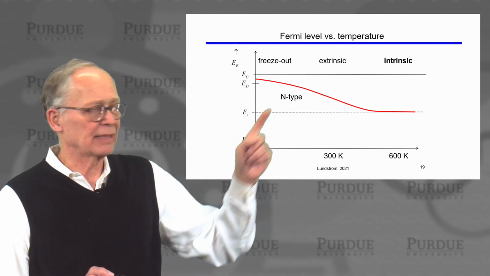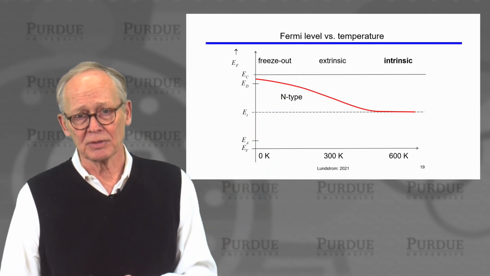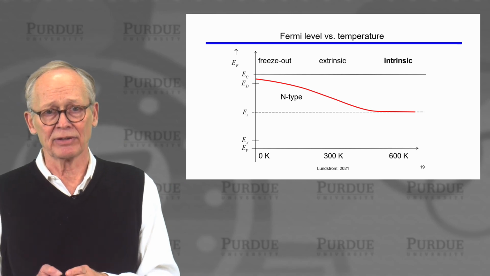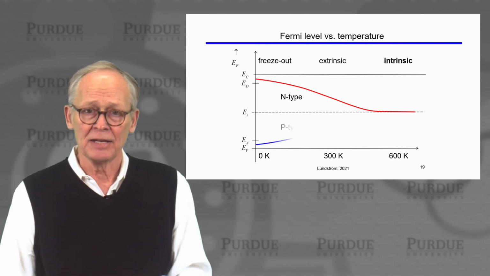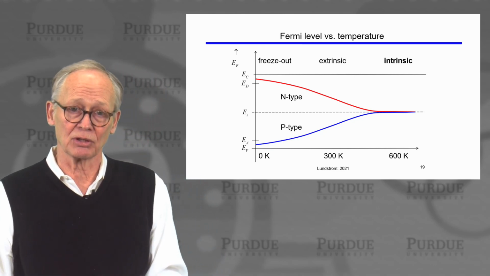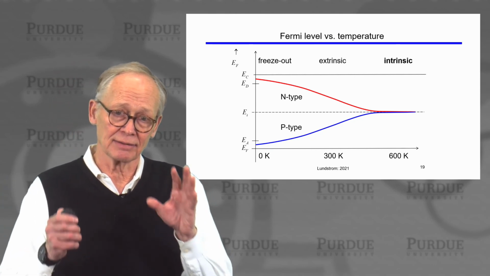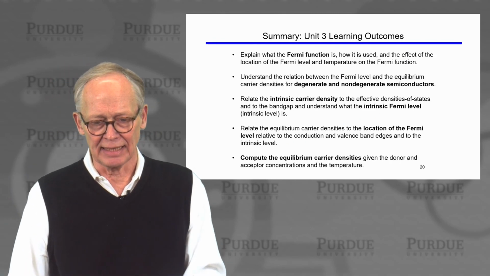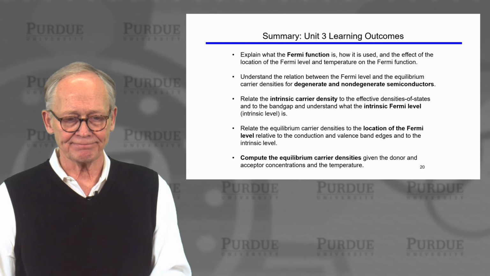So we'll expect that versus temperature, the Fermi level in an n-type semiconductor would have a variation that looks like this. Similarly, for holes, we can deduce that the variation would look like this. You should understand these plots, where they come from, and at least qualitatively how they are sketched.